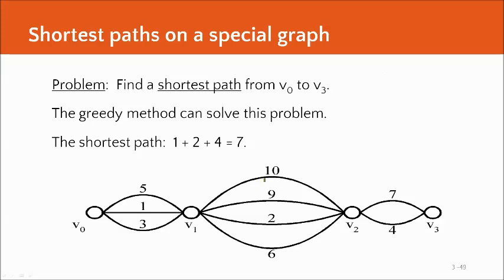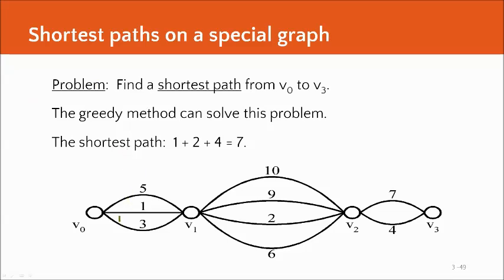Okay, shortest path on a special graph. So the problem: find the shortest path from V0 to V3. And then the greedy method can solve this problem. Now again, to find the shortest path, you're going to check the edges.